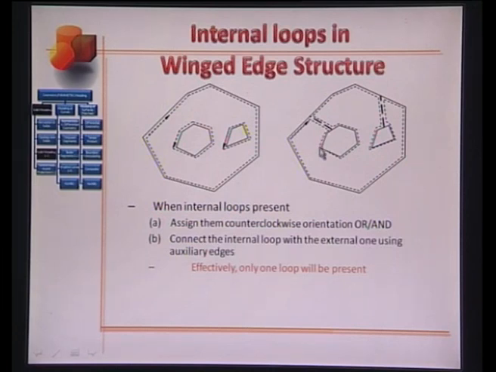I traverse the internal loop in the counterclockwise manner, go back to the external loop, traverse it clockwise, come back to the second internal loop, traverse it anticlockwise, once again go back to the external loop, and end up coming to the same vertex where I started.